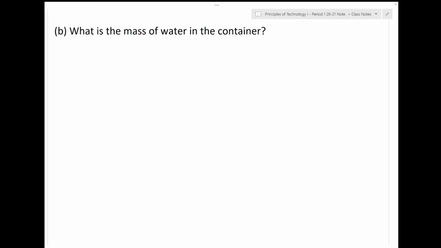Part B of this problem asks us, what is the mass of the water in the container? So in order to figure this out, we're going to use the same equation. Q is equal to mass times the specific heat times the change in temperature. However, we want to solve this for mass, so we divide both sides by the specific heat and the change in temperature.